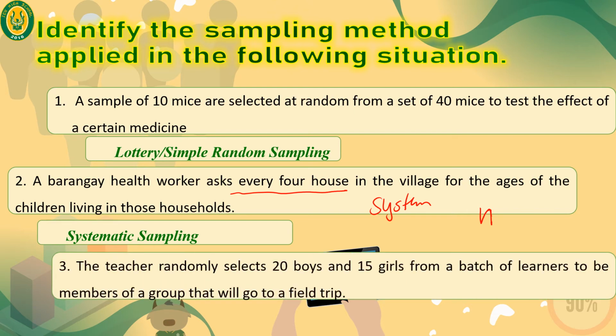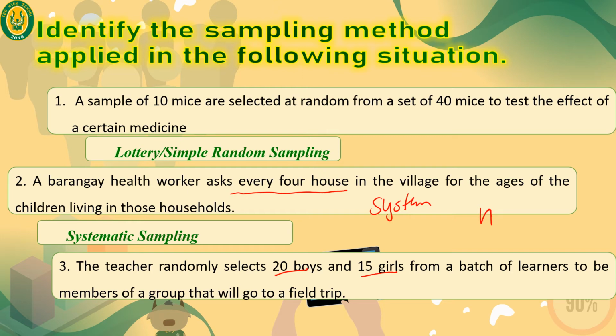The third, okay, the teacher randomly selects 20 boys and 15 girls from a batch of learners to be members of a group that will go to a field trip. So it specifies that boys and girls will be selected. Okay?